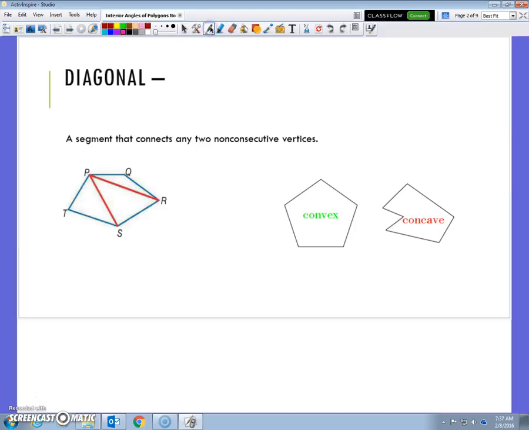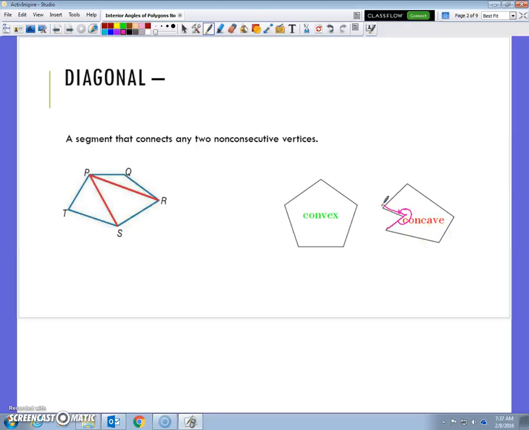I just want to remind again of the types of different polygons as well. A polygon that's convex has all angles that are less than 180 degrees, while a concave has an angle that is bigger than 180 degrees. So in this case, this would be a concave polygon because of this angle right here.